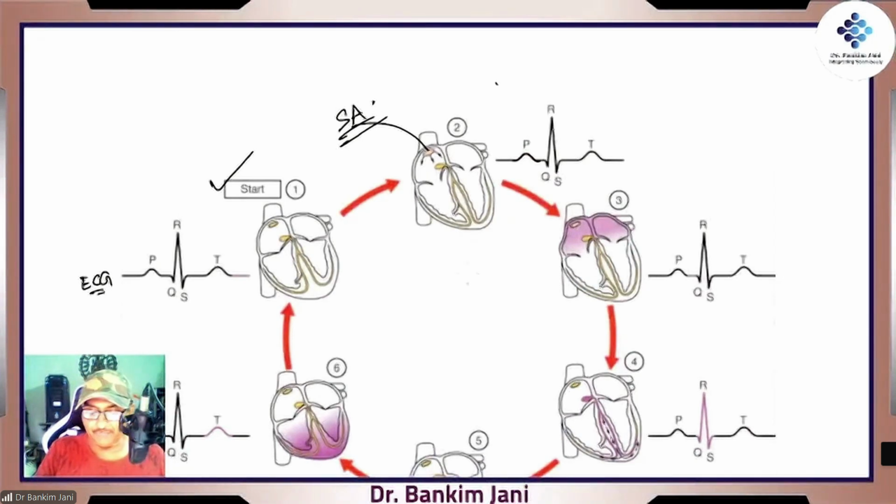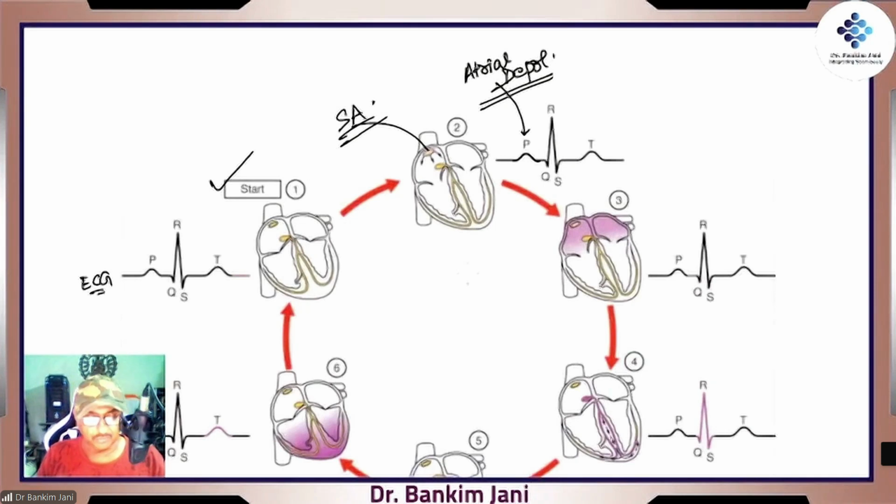So what is the P wave? When the SA node fires and sends signals to the atria, that is called atrial depolarization. So that is the P wave.